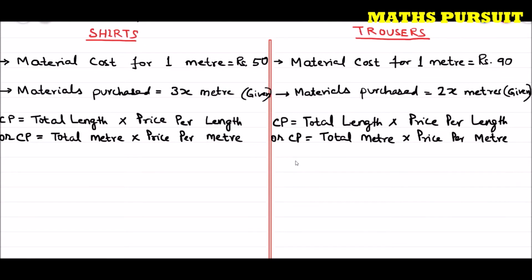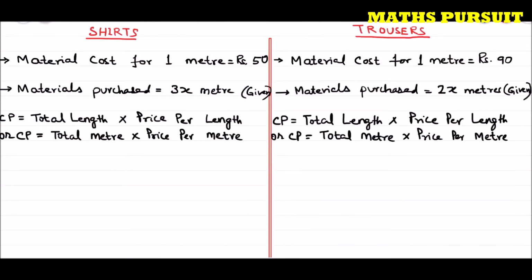Now let us move further. So now we can calculate our cost price. CP is equal to total meter. We have assumed the shirt material purchase is 3x meters, so I can write 3x into rupees 50 per meter.